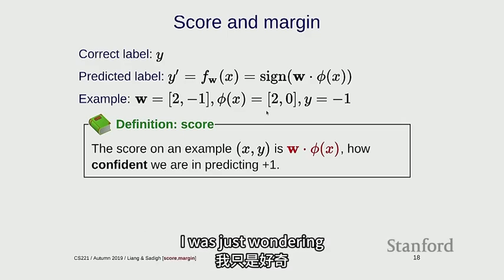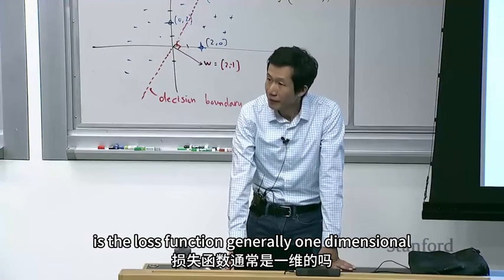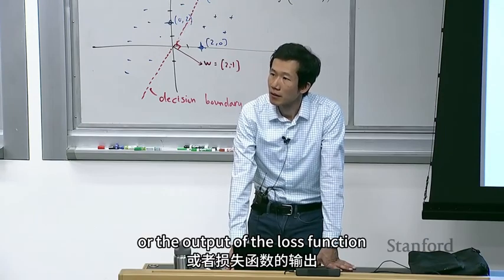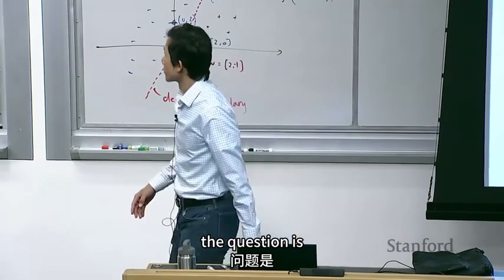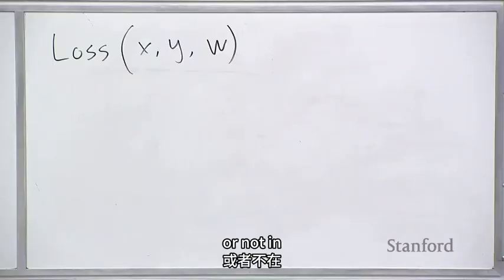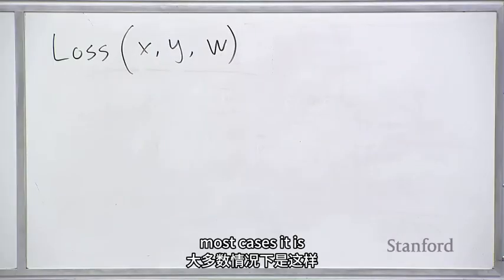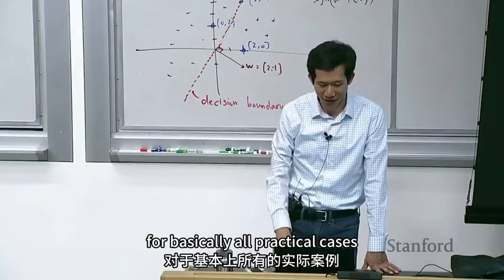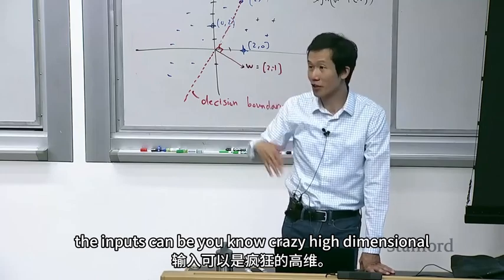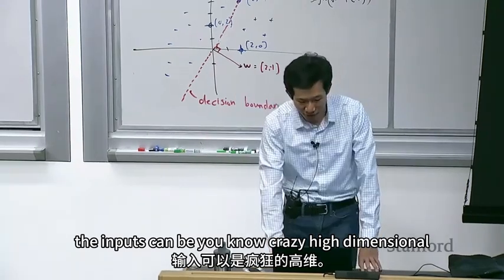Question: is the loss function generally one-dimensional, or the output of the loss function? The question is whether the output of the loss function is usually a single number. In most cases, it is. For basically all practical cases, you should think about the loss function as outputting a single number. The inputs can be crazy high dimensional.